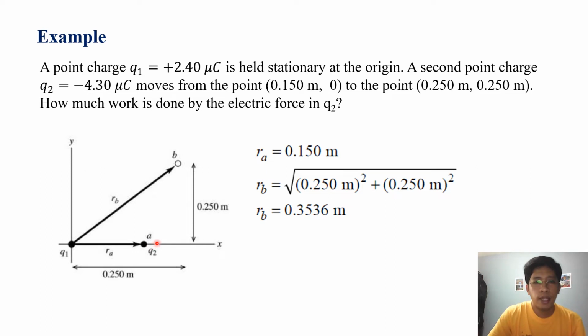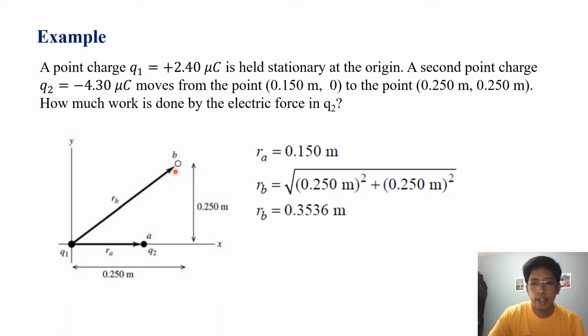And then it moves from A to B, where B is x 0.250 meters, y 0.250 meters. So it moves from here to here. The question is, how much work is done by the electric force on Q2 as it moves from point A to point B?